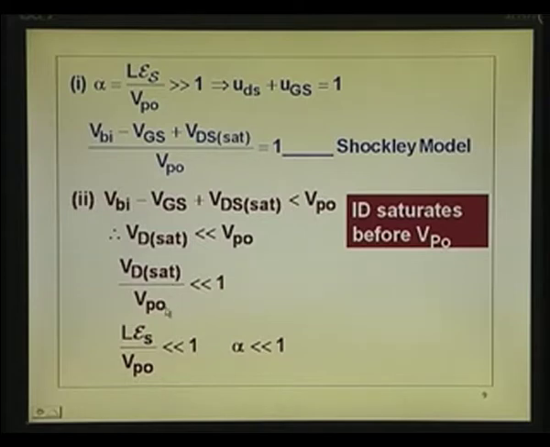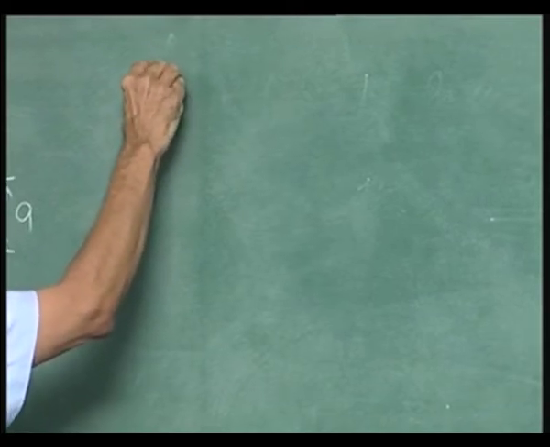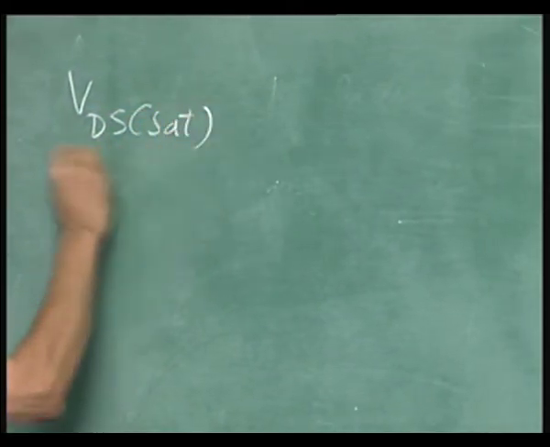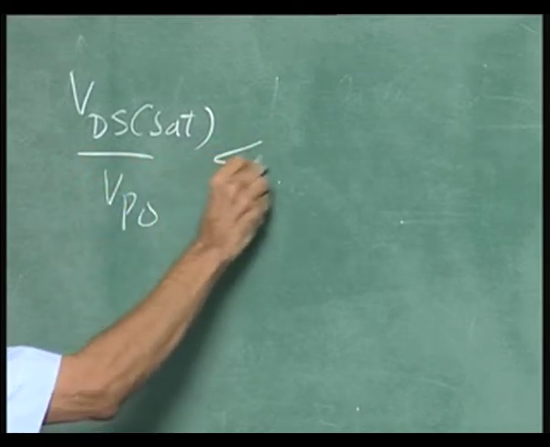If V d sat is very much less than V p 0, I will put that on the board. So, we are taking a situation where V D sat by V P 0 is very much less than 1.